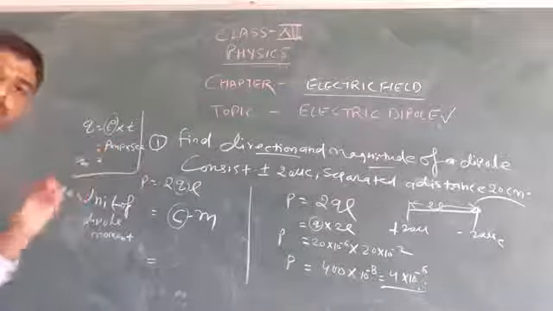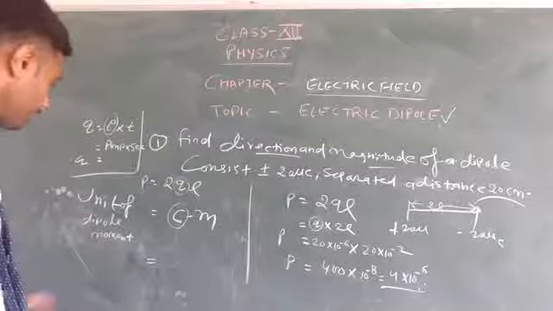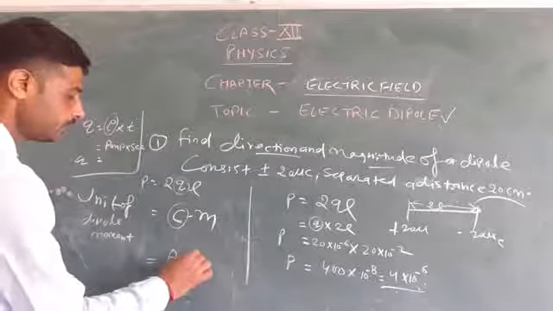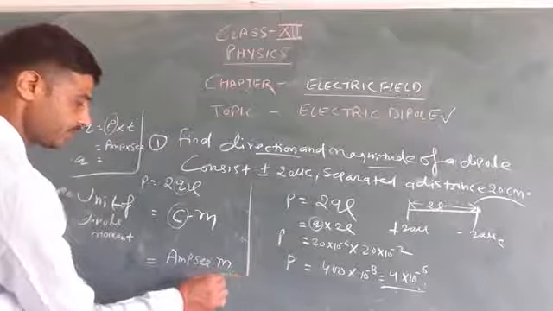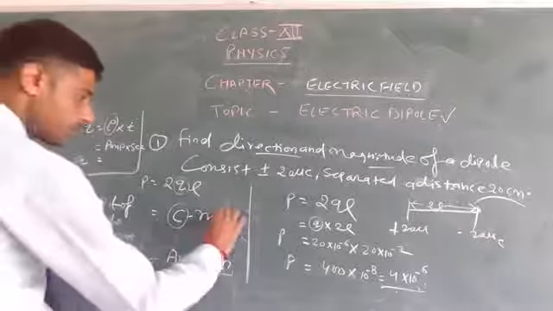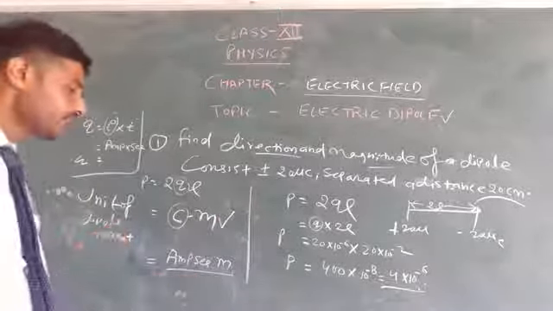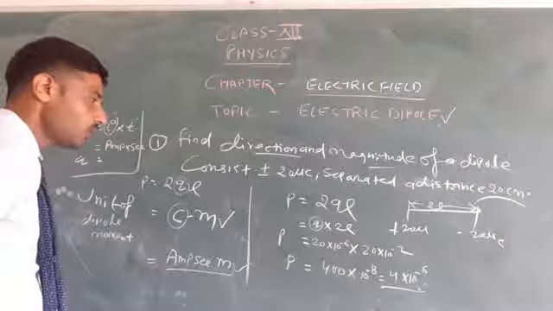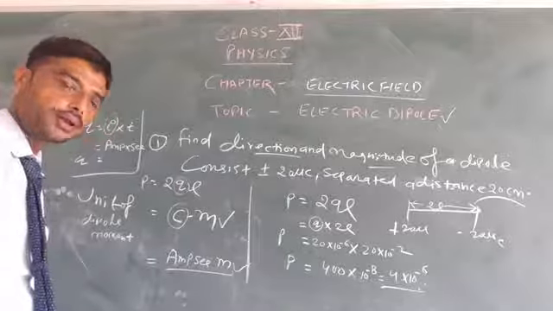So the unit of charge is ampere into second. So you can write ampere, second and meter. So you can write coulomb meter, or ampere second meter. This is the unit of electric dipole moment.